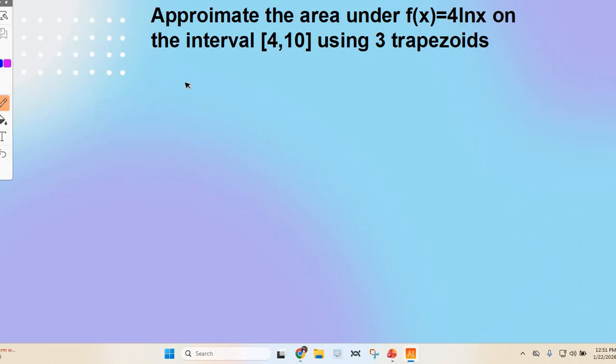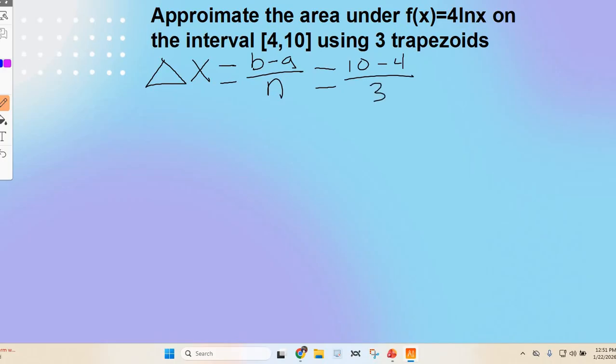Remember that our widths are our change in x, which is b minus a divided by n. We're going from 4 to 10, so those are my b and my a, and then how many trapezoids or intervals do we want? 3. So what are each of our widths going to be? 2. Okay with that?